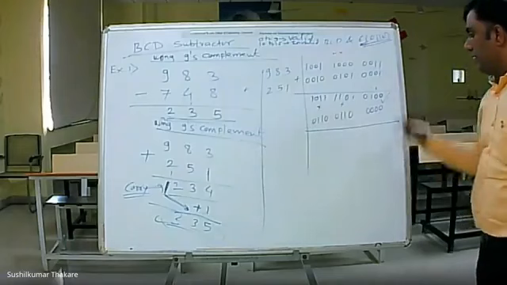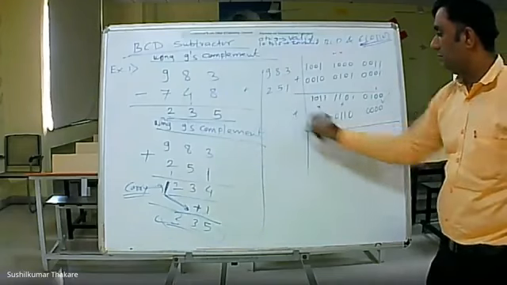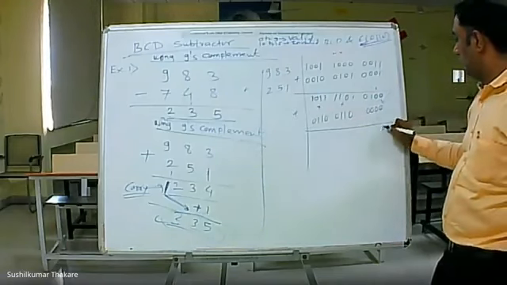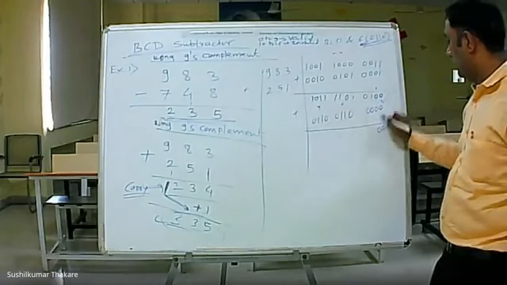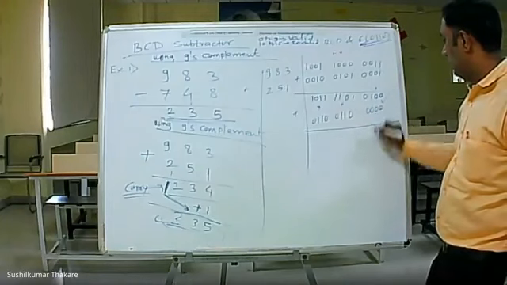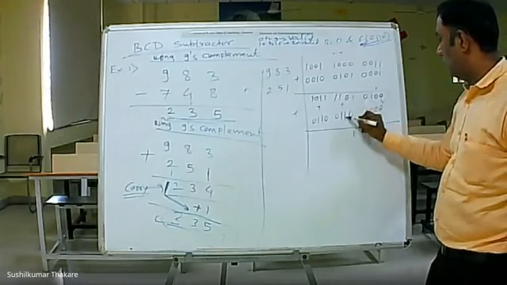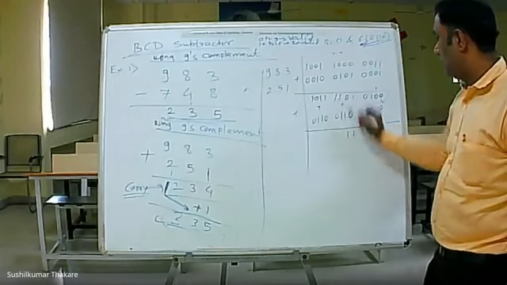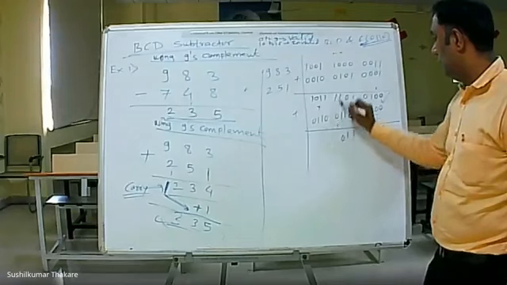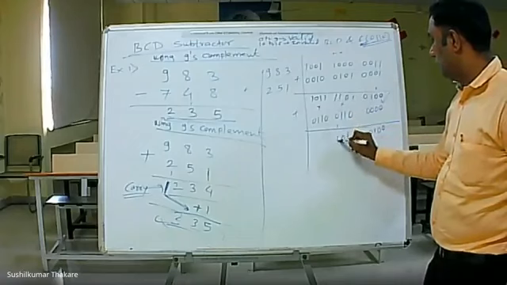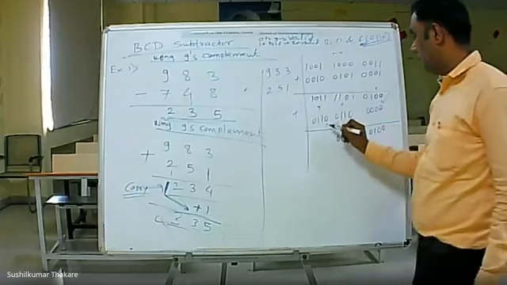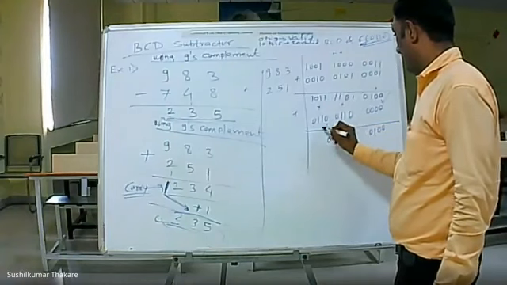Then addition. 0 plus 0, 0. 0 plus 0, 0. 0 plus 1, 1. 0 plus 0, 0. 1 plus 0, 1. 0 plus 1, 1. 1 plus 1, 0 with carry 1. 1 plus 1, 0 with carry 1. 1 plus 1, 0 with carry 1.